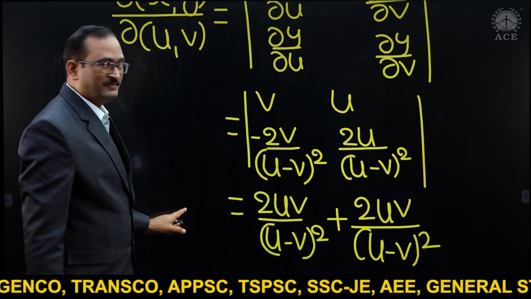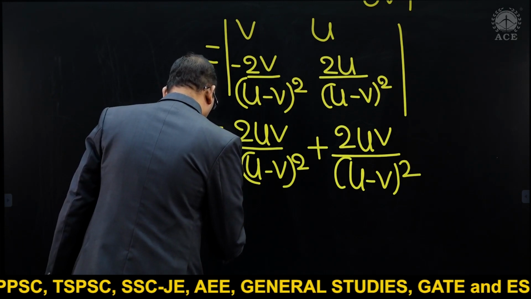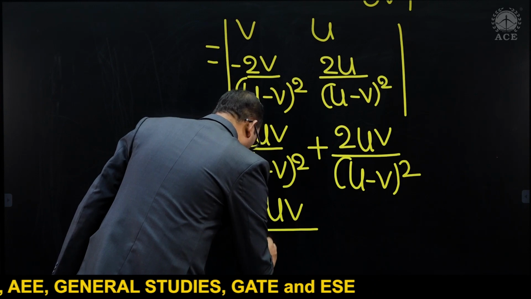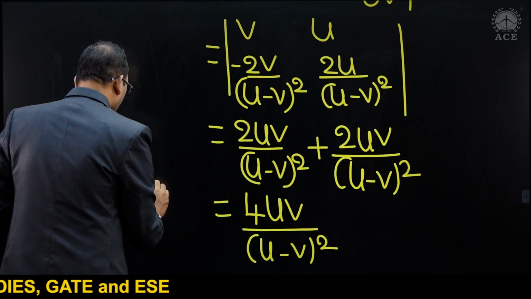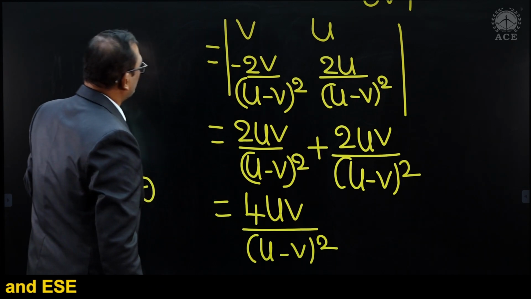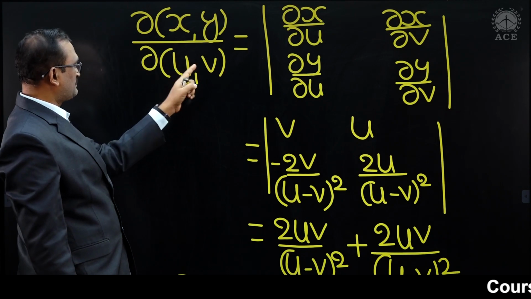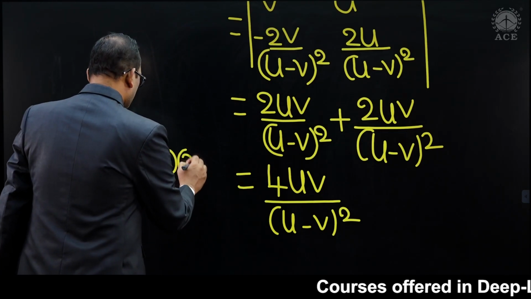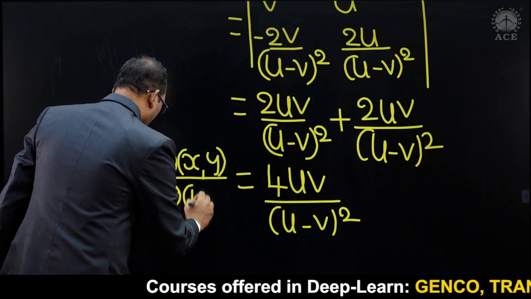So 2uv plus 2uv, that is 4uv. This is equal to 4uv divided by (u−v) whole square. This is the value of the Jacobian of x, y with respect to u, v, I mean ∂(x,y) by ∂(u,v).